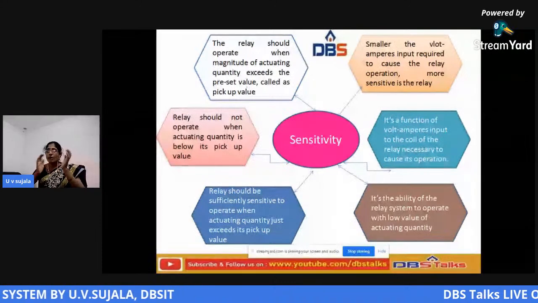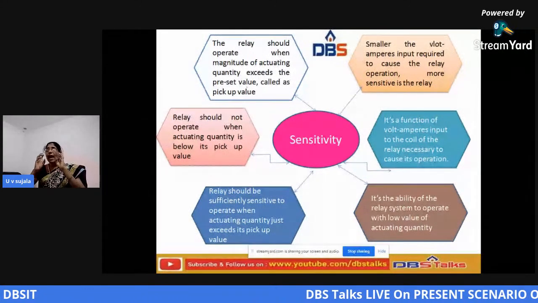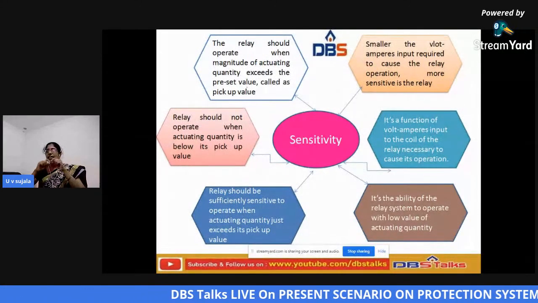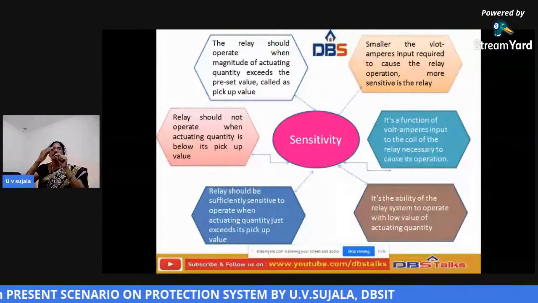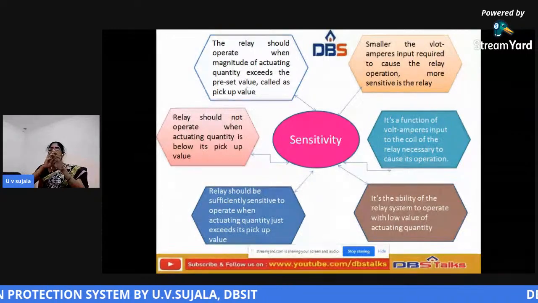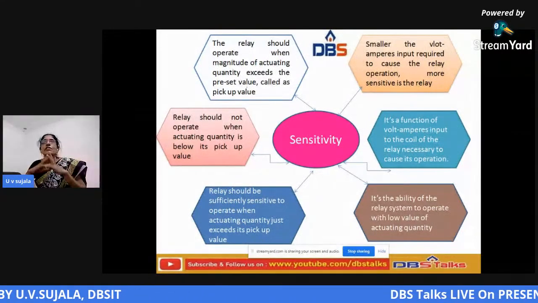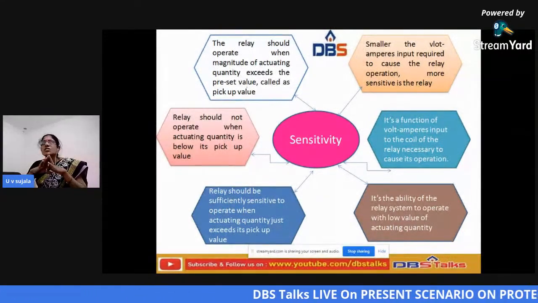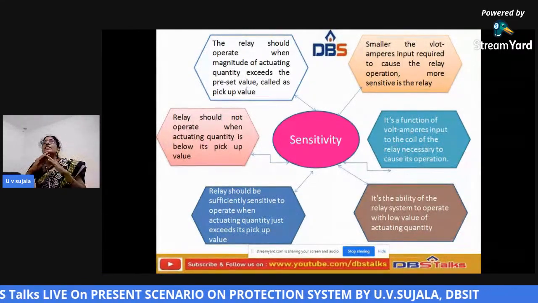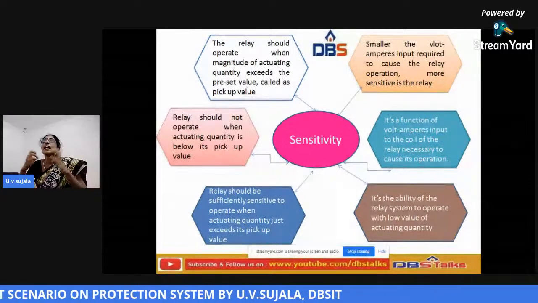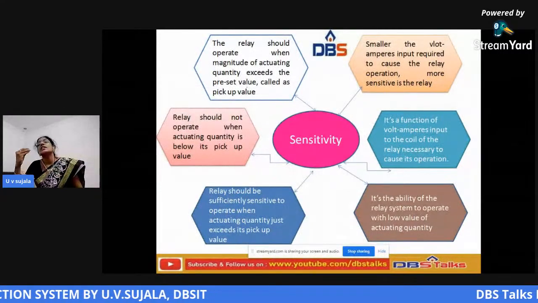That means we have to go through that rating, and beyond this preset value the relay will operate. Up to that point there is no fault. Next, the smaller the volt amperes input required to cause the relay operation, the more sensitive is the relay.